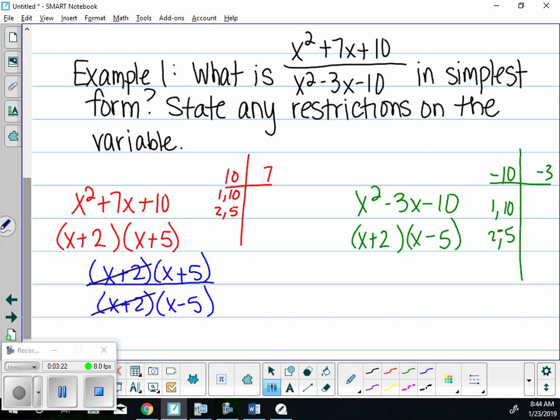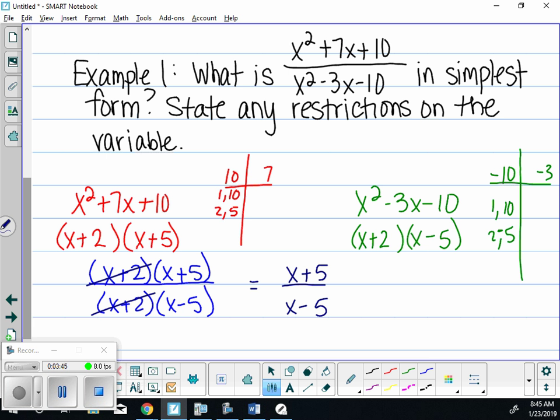So the x plus 2's can cancel. So our simplified expression is x plus 5 over x minus 5. Now remember, the x plus 5 on the top is a family. We can't just cancel the x's or cancel the 5's. We got family on top, family on the bottom. Those have to stay as they are.